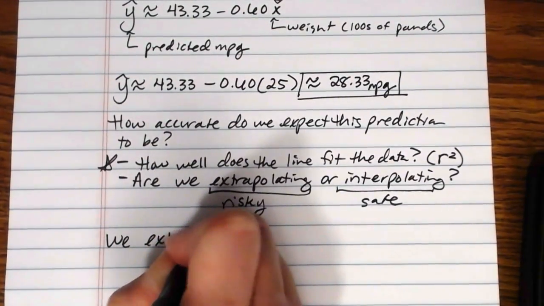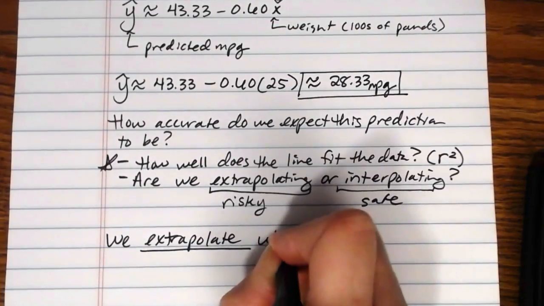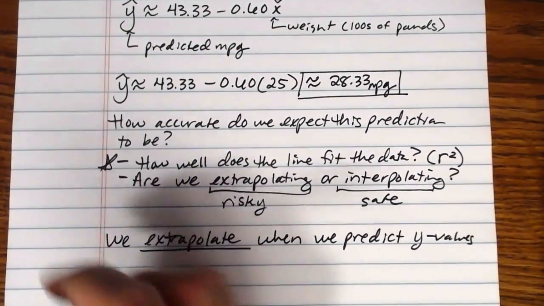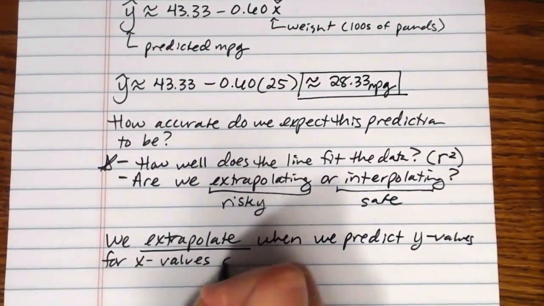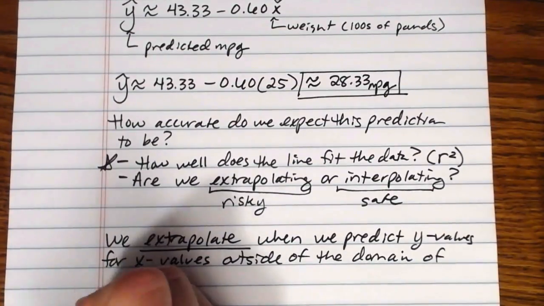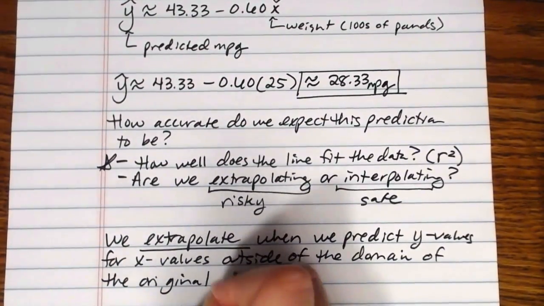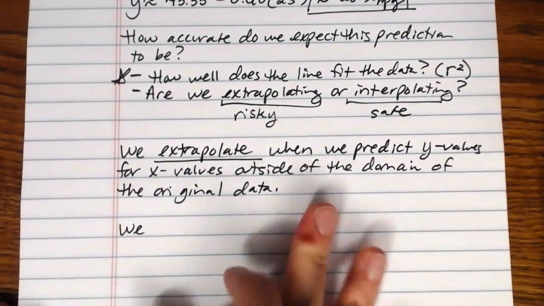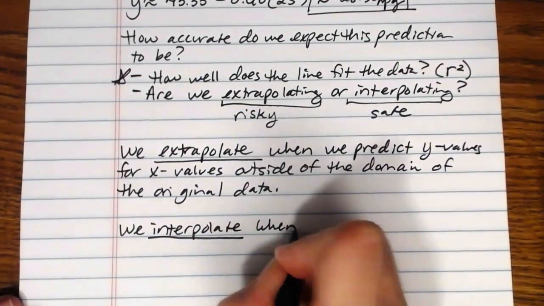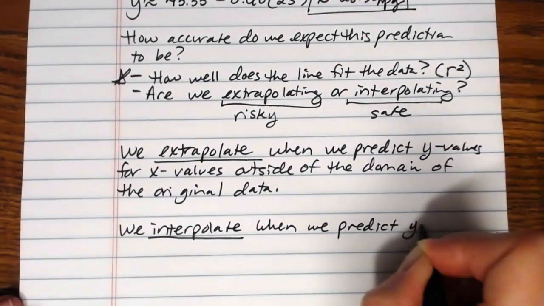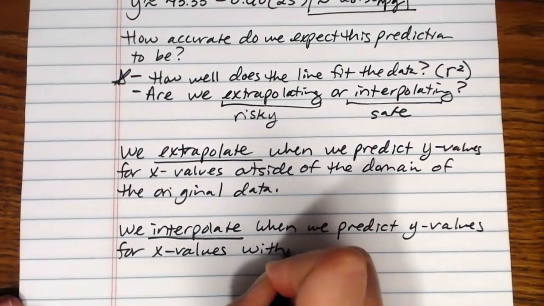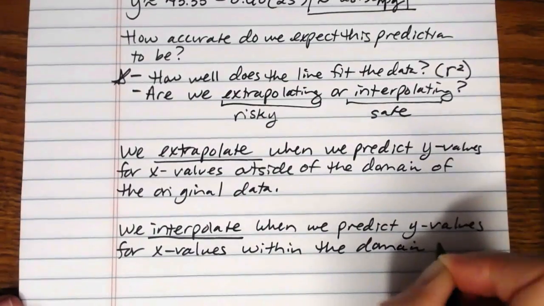We extrapolate when we predict y values for x values outside of the domain of the original data, and we interpolate when we predict y values for x values within the domain of the original data.